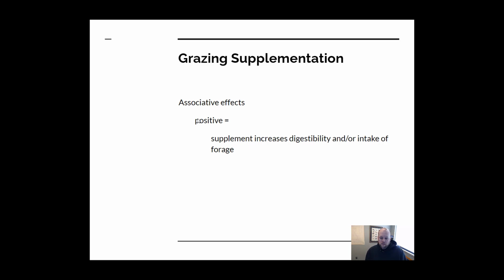But there also can be negative associative effects, where the supplement you feed actually decreases the digestibility and/or the intake of the forage. You might think this is always a negative situation. Sometimes it is, but sometimes it's actually okay, depending on your objective.